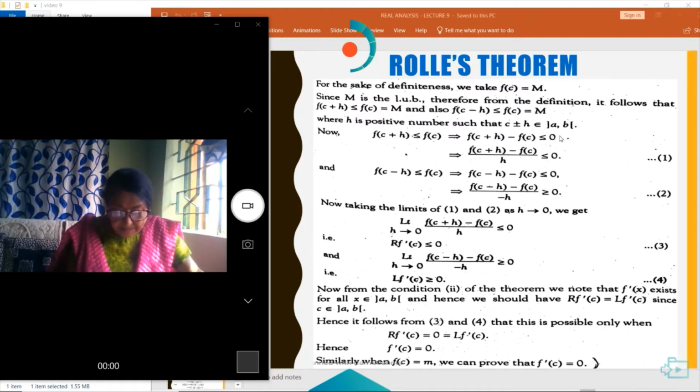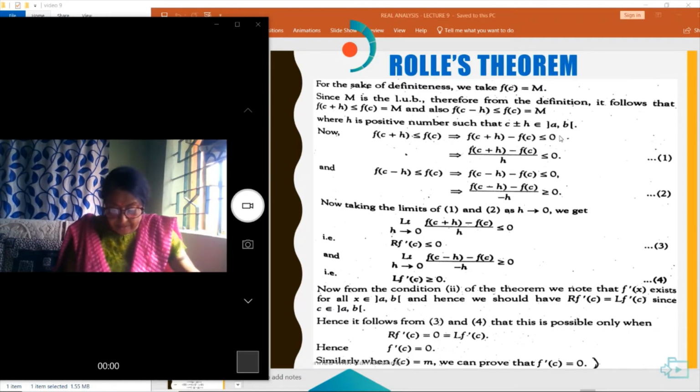Then f(c+h) less than or equal to f(c) can be written as f(c+h) minus f(c) less than or equal to 0. This gives [f(c+h) minus f(c)] divided by h is less than or equal to 0. Similarly, f(c-h) is less than or equal to f(c), and we see that [f(c-h) minus f(c)] divided by minus h is greater than or equal to 0.